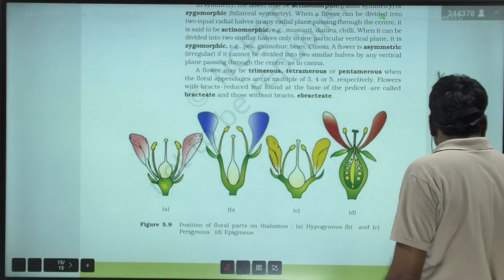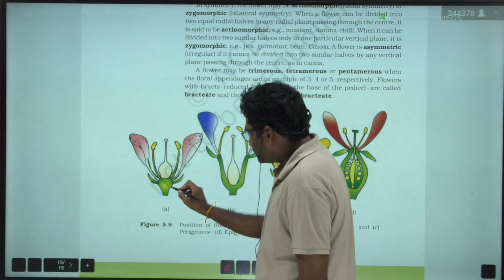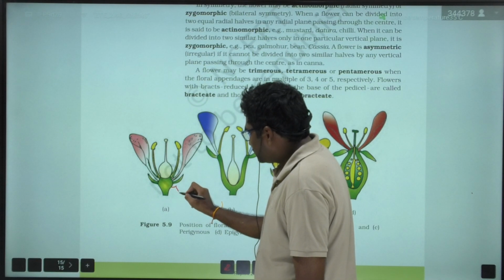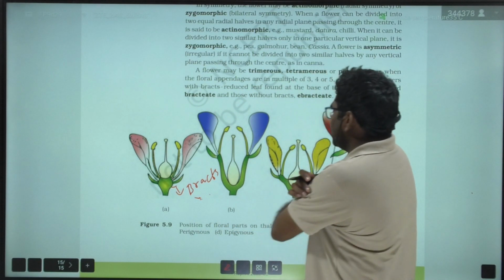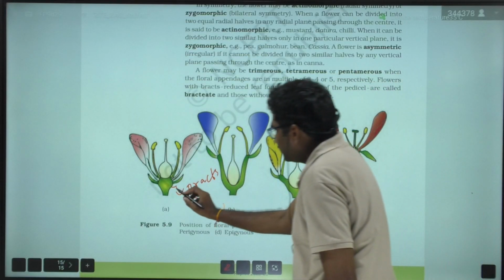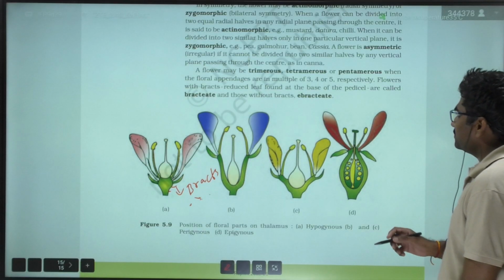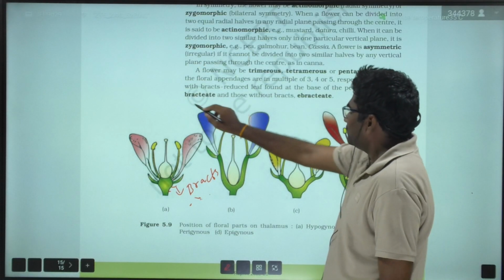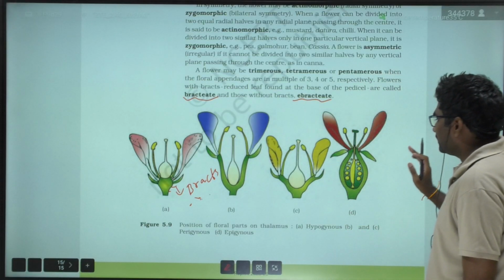So sometimes flowers possess bracts near the pedicel, right? Those with bracts are called bracteate flowers. Those without bracts are called ebracteate flowers.